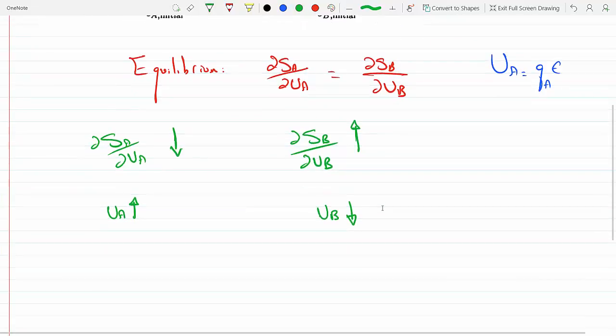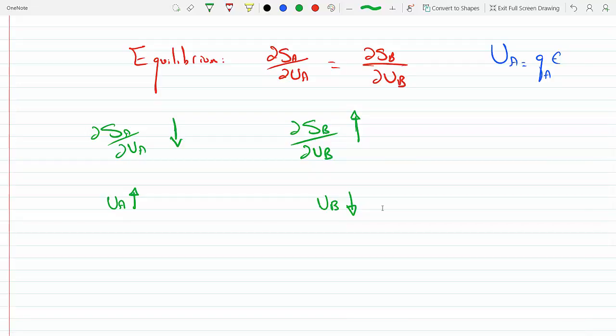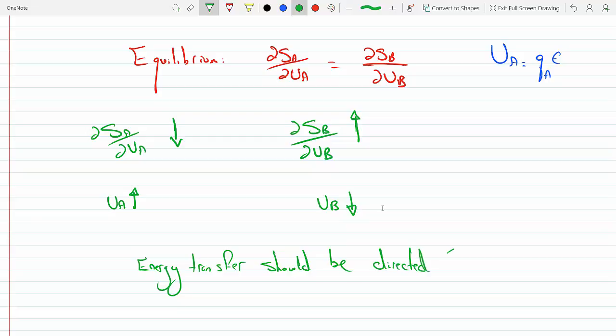So energy transfer should be directed from B, so that we can bring its energy down, into A, so we can drive its energy up.